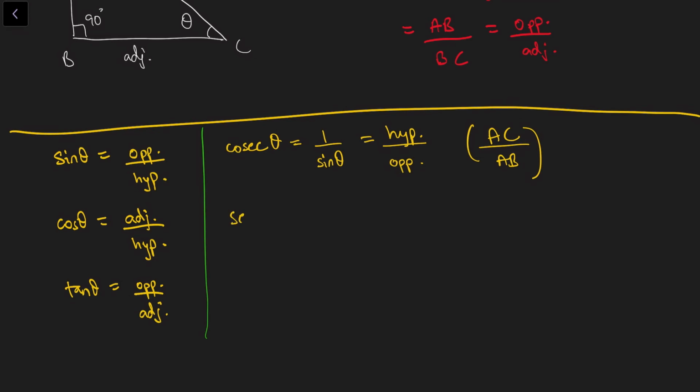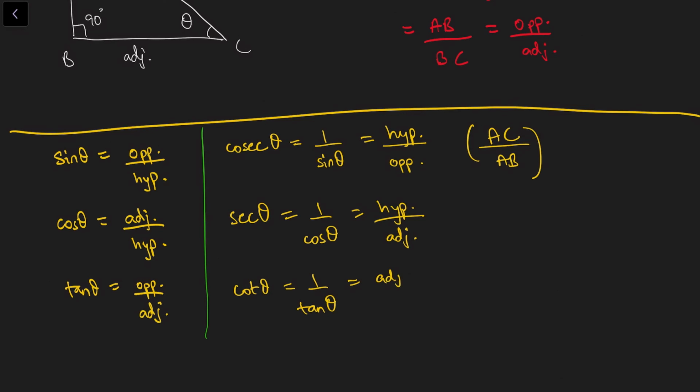The next one is secant theta, which is in short sec theta, which is the reciprocal of cos theta. And that is hypotenuse divided by adjacent side. And the last function which we're going to see today is cot theta, the cotangent, which is 1 by tan theta, the reciprocal of tan theta.